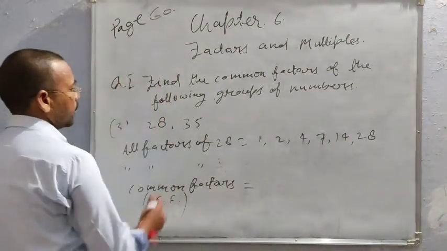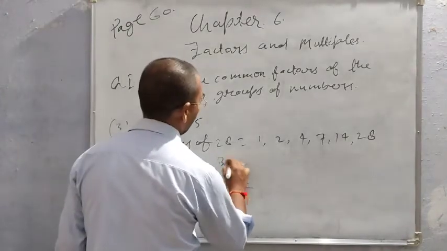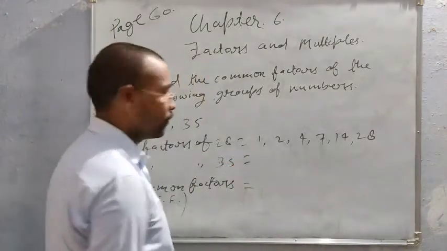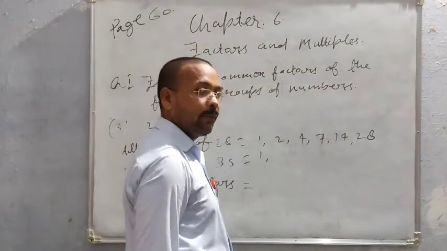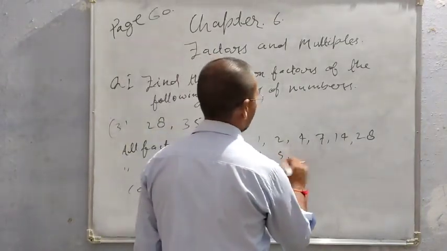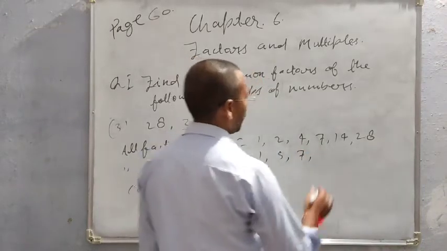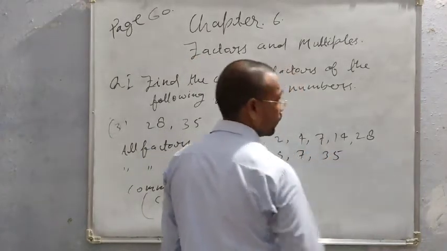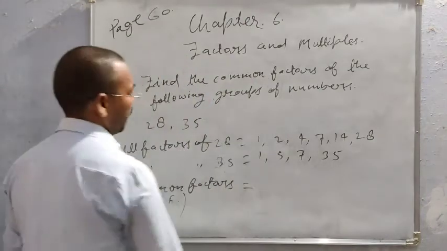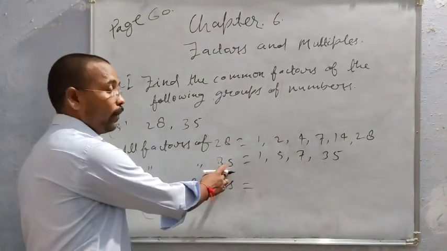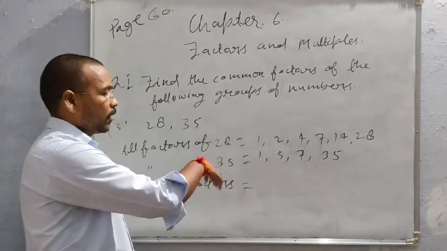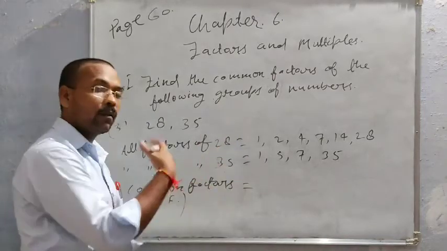And then all the factors of 35. 1 is a factor of all numbers. 1, then 35 is divided by 5 and 7, and then 35 only. Then select the common factors. Common factors of 28 and 35 are the factors which are factors of both numbers, 28 and 35.